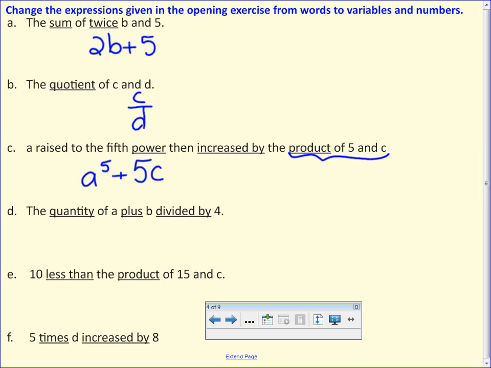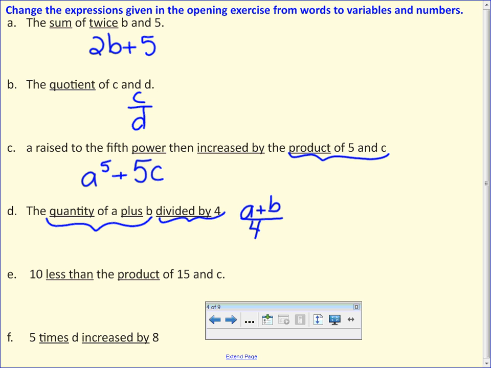The quantity, so I need the quantity of A plus B divided by 4. So those are the key words you should have underlined. So let's show A plus B, and then dividing it by 4.